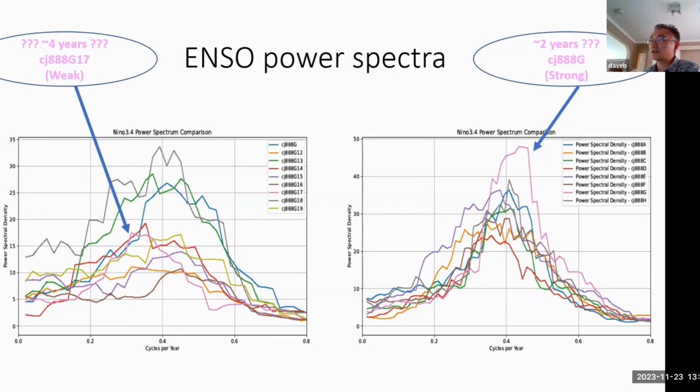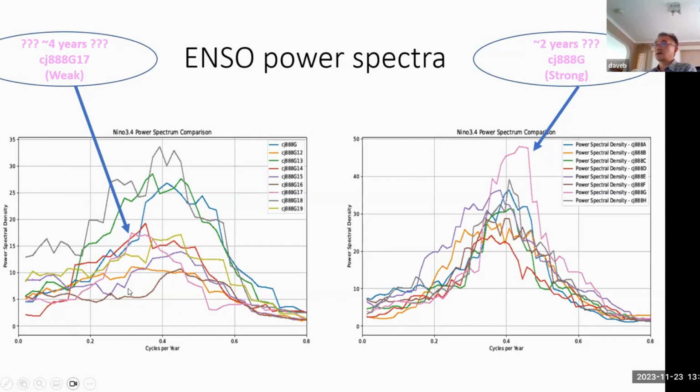The 0.4 means about a 2.5-year life cycle for the ENSO, so the smaller the number here, the longer the period of the ENSO life cycle. We want the peak on the left side, because the observation is about 3 to 7 years, especially a 4 to 5 year peak. In our model, most of the cases peak at about 2 years, on the right side of the 0.4 here. The 0.4 means 2.5 years.